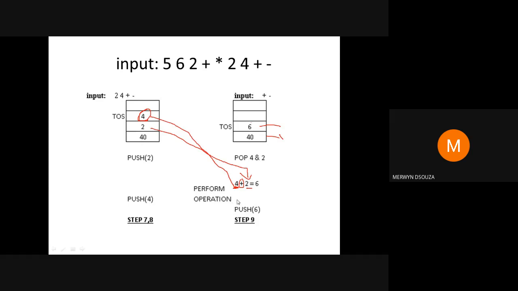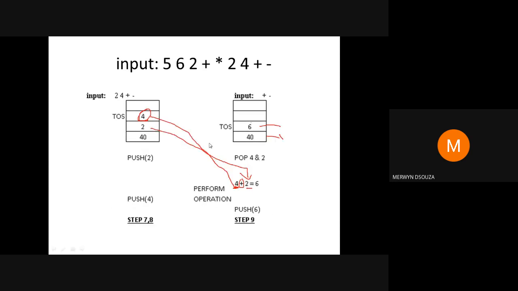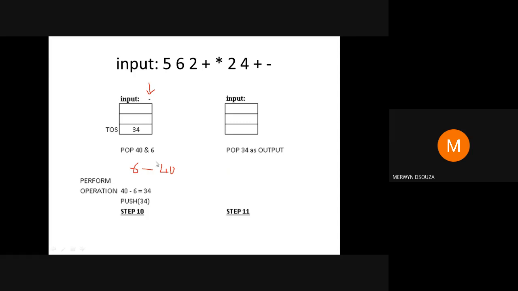So I will get 40 minus 6 equal to 34. While writing here I think I made a mistake. So here it is 40 minus 6 equal to 34. Once you get that answer, you're going to push it back onto the stack.